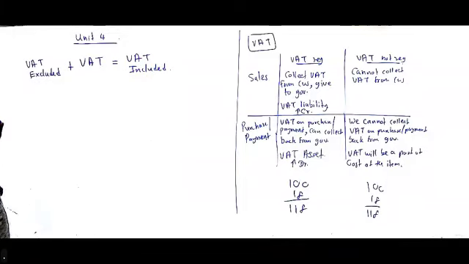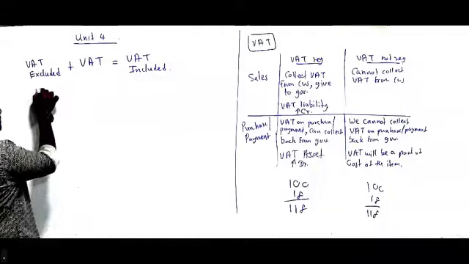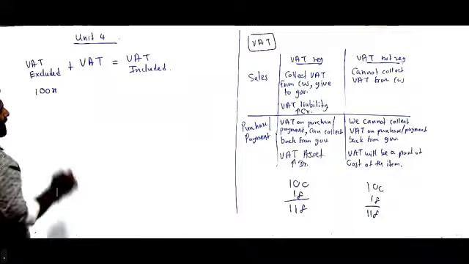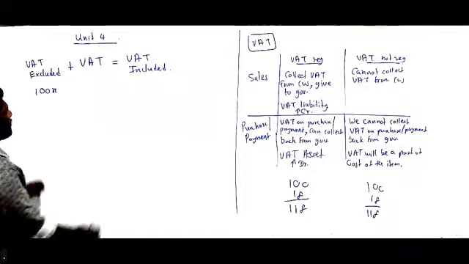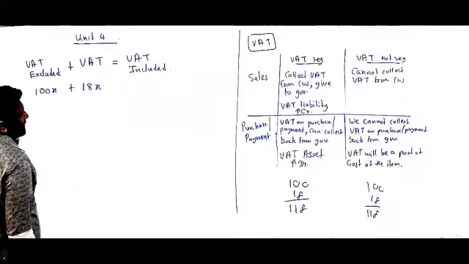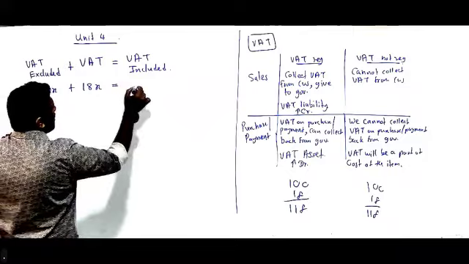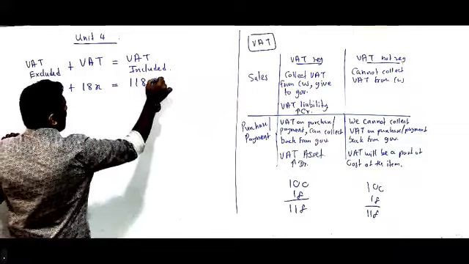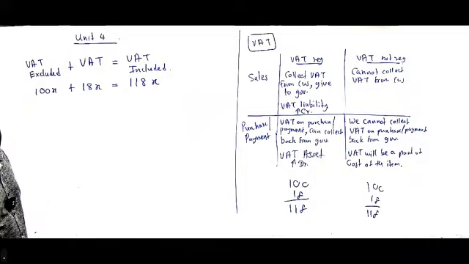Listen. We'll assume there is an item for 100x. The government is charging 18% VAT, so 118x. Then the VAT included amount is how much? 118x. Sometimes in your exam, they will give this figure.